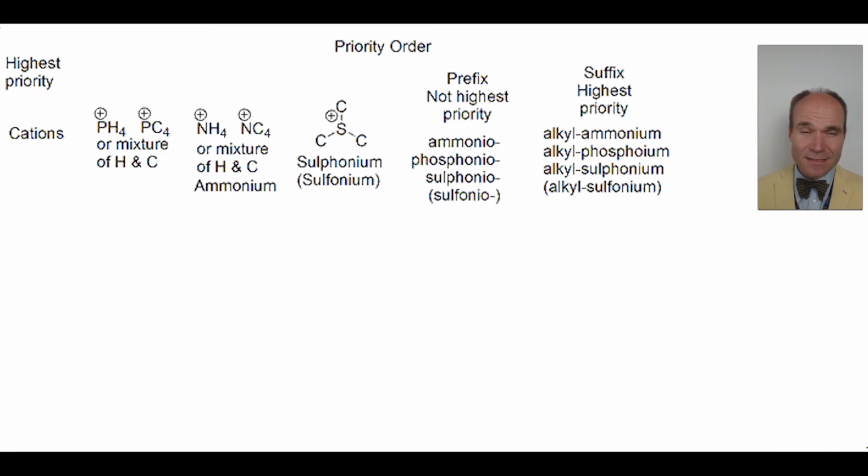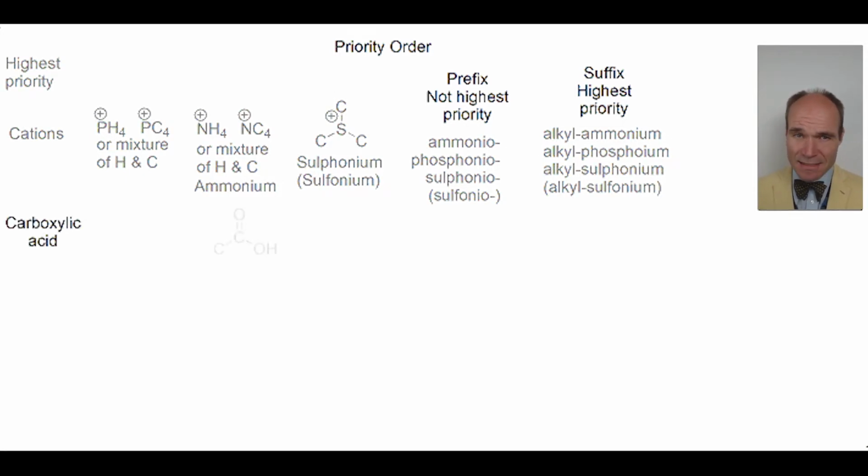The alkyl section is generic, and so that's going to be methyl for 1 carbon, ethyl for 2 carbons, propyl for 3 carbons, butyl for 4 carbons, etc., depending on the specific case in question. Okay, so that's cations. The next highest functional group after cations we will address are carboxylic acids.